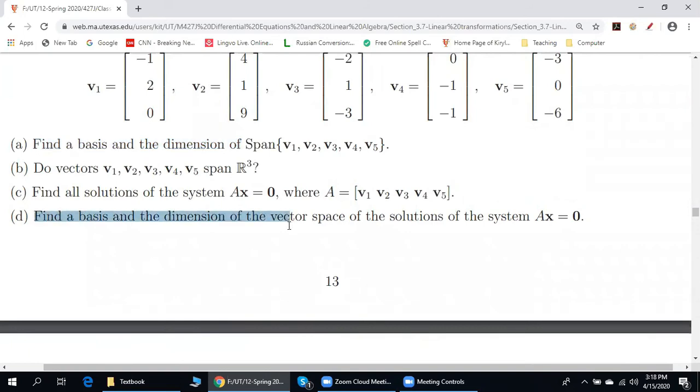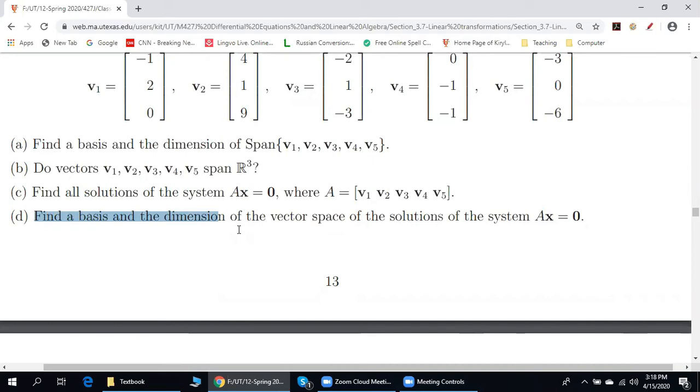In D, dimension is 3. Furthermore, in A, dimension is the number of pivots. In D, dimension is the number of non-pivot columns, the number of free variables.